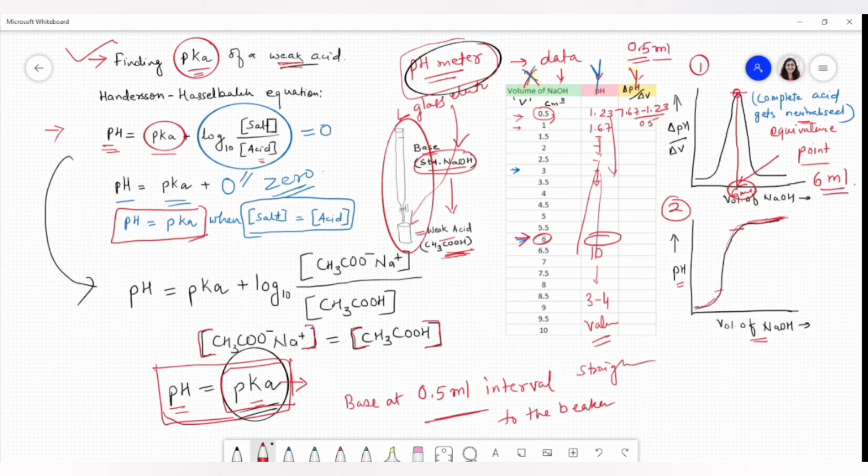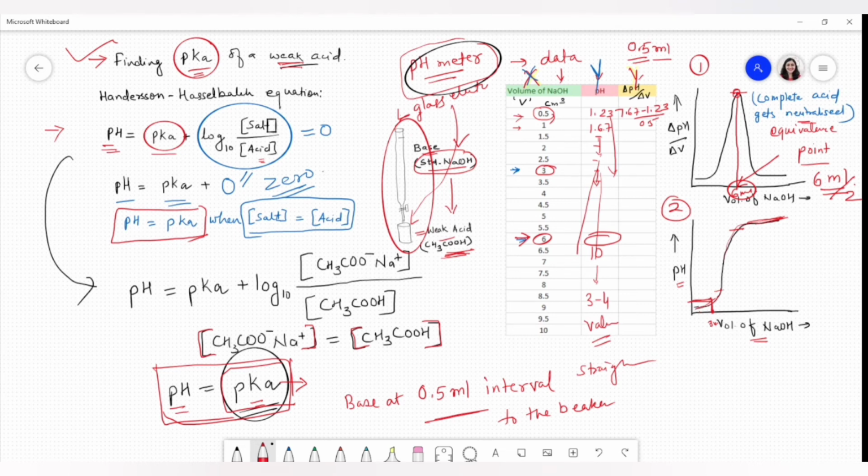So we will look at the point where the half neutralization is done. Half neutralization will be done at 3 ml, right? Because equivalence divided by 2. So we have got 6, so we will do divided by 2. That means 3 ml. So let's look at this. Suppose over here we have the values, and in our graph suppose 3 ml comes here. So let's plot a line over here and we have got this.